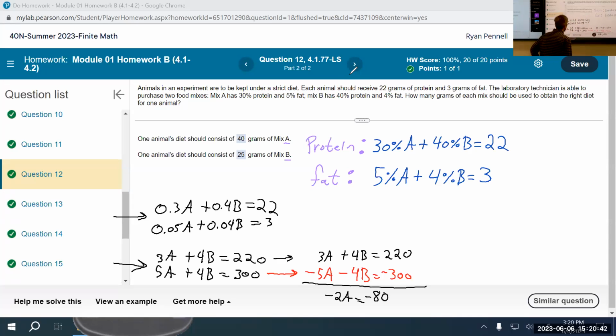Okay. And -80 divided by -2 would be +40. So our first solution.